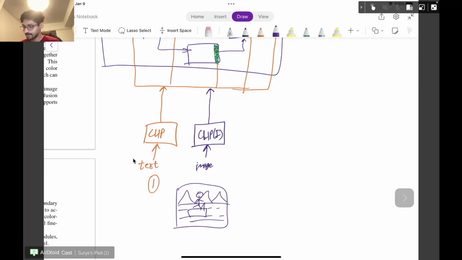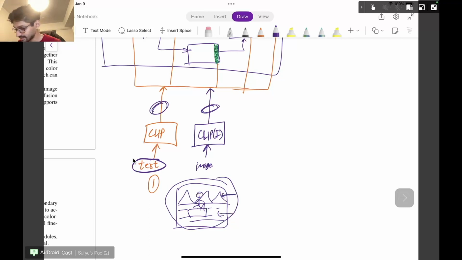The way we describe this image is: mountains in the background, very naturalistic image, a person on the sailboat going in water. That is the semantic information of this image, and that is what CLIP embeds. When it's encoded as text, the embedding would be quite similar to the embedding when you feed in this image.